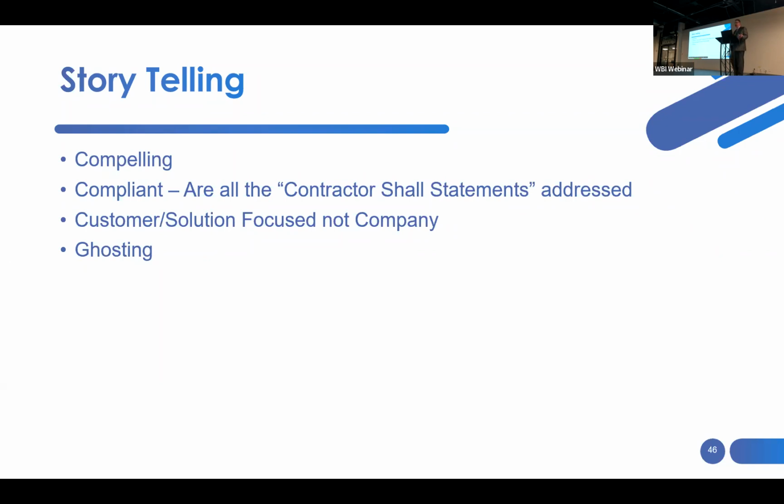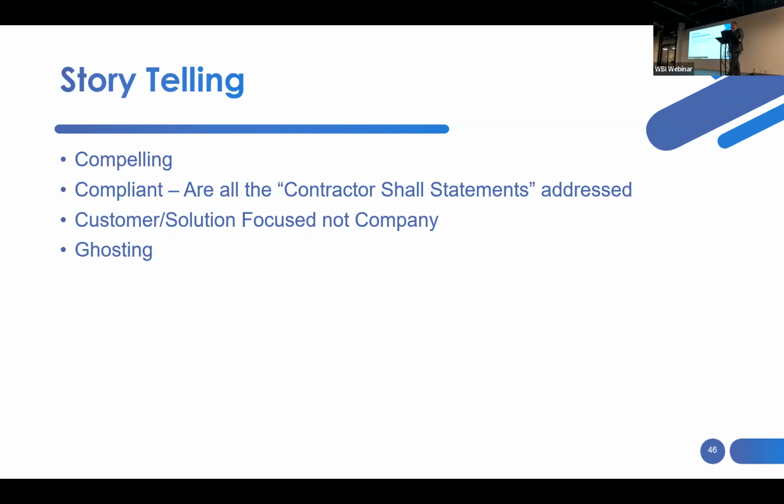So telling your story, you need to be compelling, but you also need to be compliant. Make sure you capture all those "contractor shall" statements in the solicitation. You have to address all of those. Your solution needs to be customer and solution focused, not my-company focused.